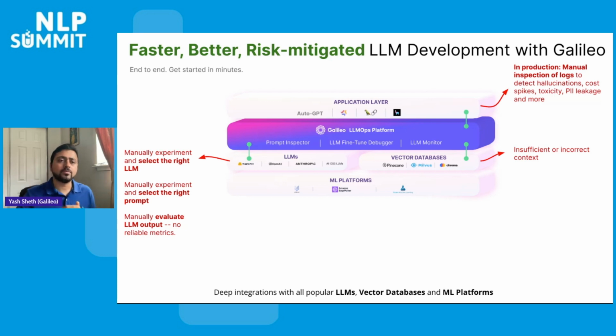These models are so generalizable, so broad in their domain space, that when we try to apply them to our enterprise use cases or our specific application use cases, we often don't know why the model is generating something.